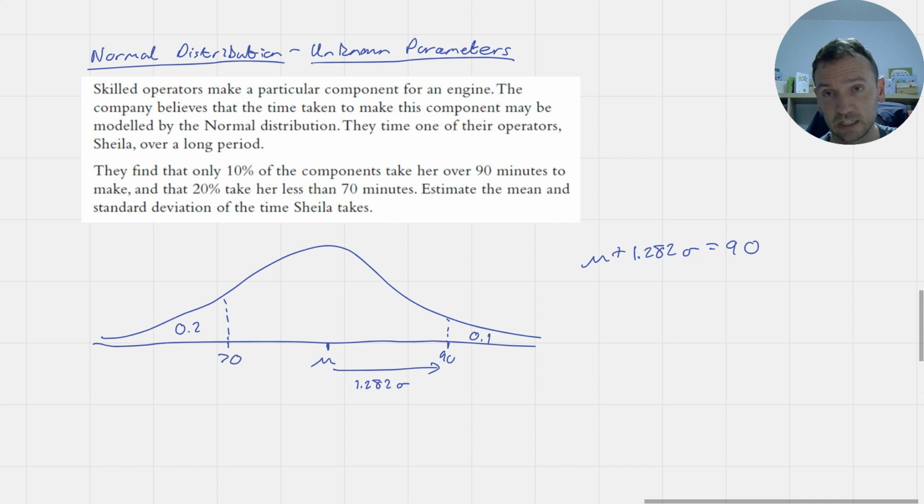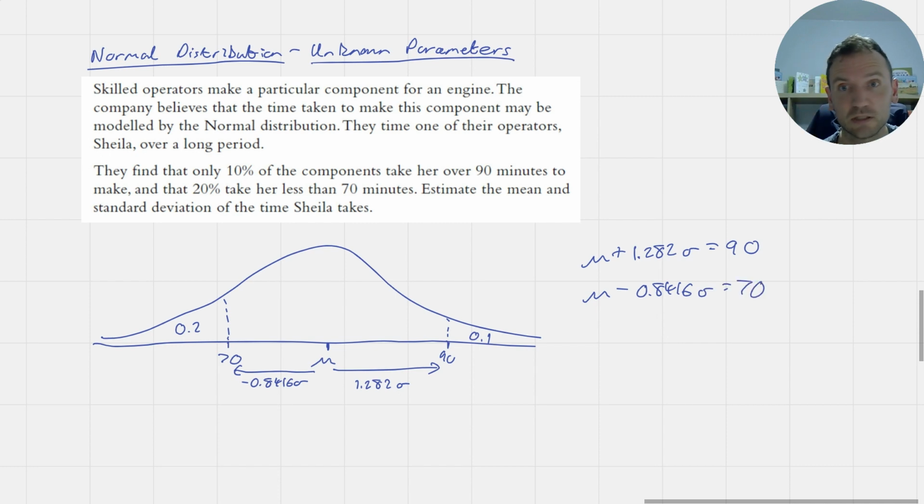That's not a mistake getting a negative here. The reason we're getting negative is because we're going below the mean. So we know that if we take off 0.8416 lots of the standard deviation, we're going to land on 70. So we can form a second equation. We're going to get mu subtract 0.8416 standard deviations is equal to 70.